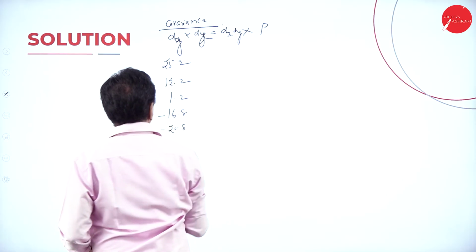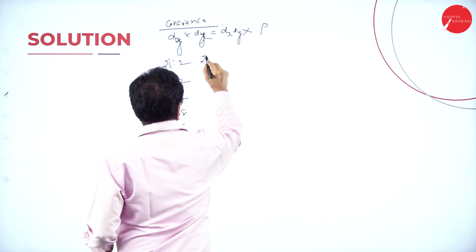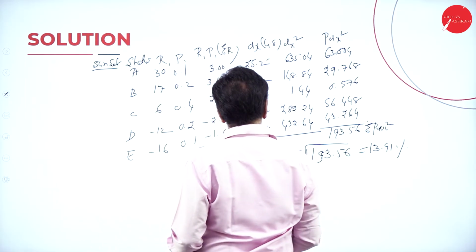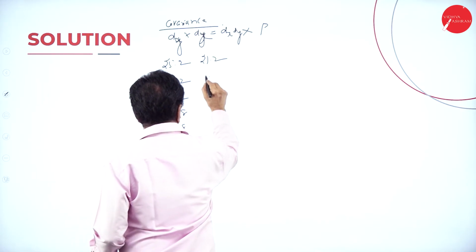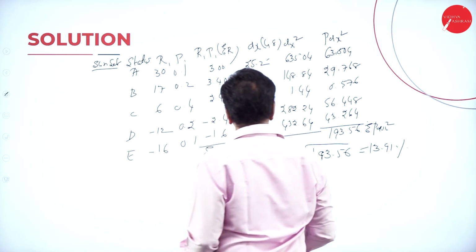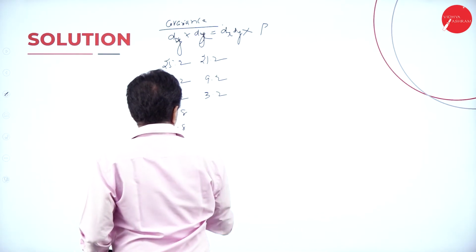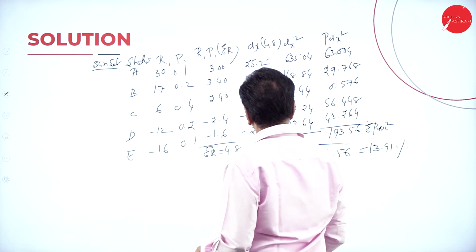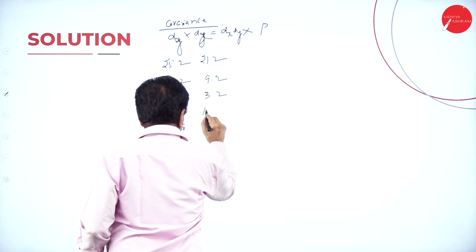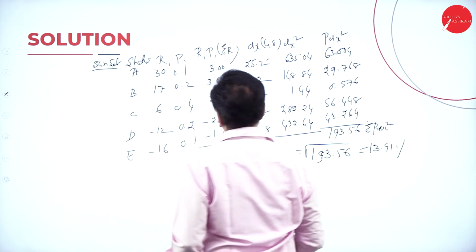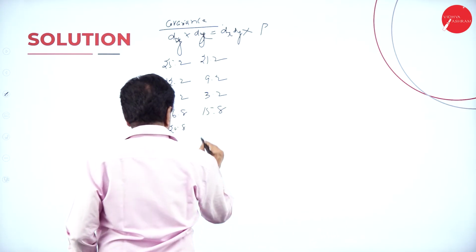Then dx, sunrise, dy: 21.2, 9.2, 3.2, 15.8, minus 20.8.